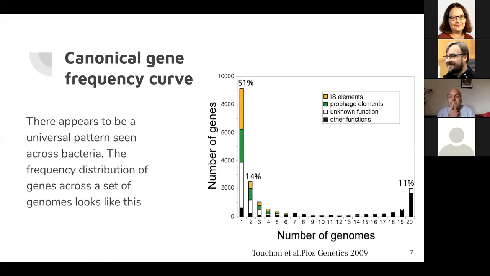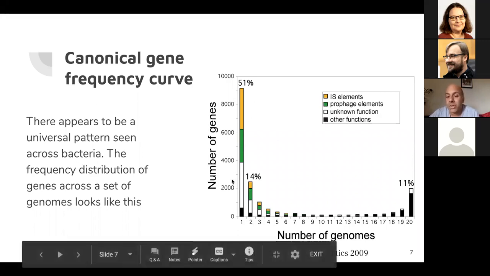A pervading figure throughout this talk is this canonical gene frequency curve. This seems to be a universal pattern that's seen across bacteria. You can also see it between genera in a different way, but within a species, this plot is a histogram.